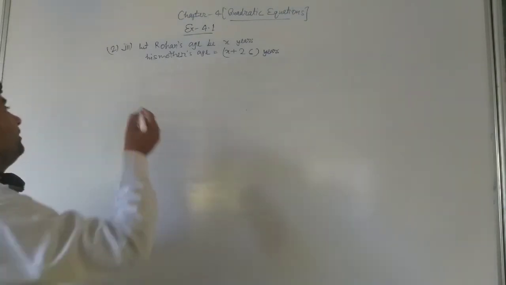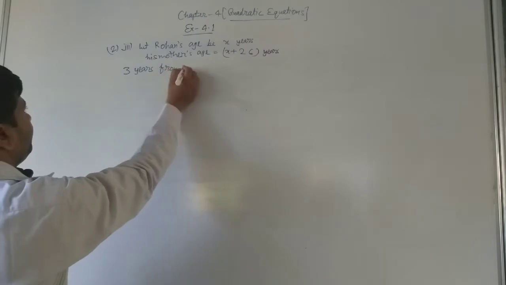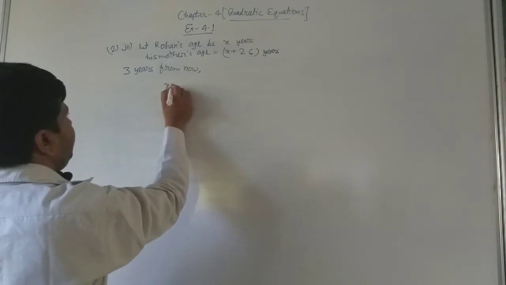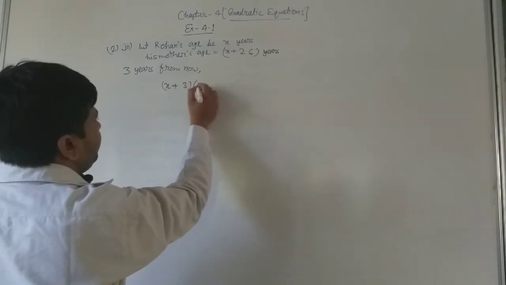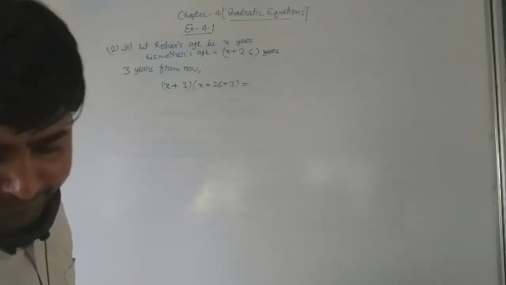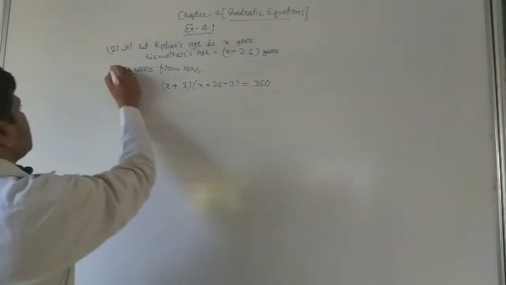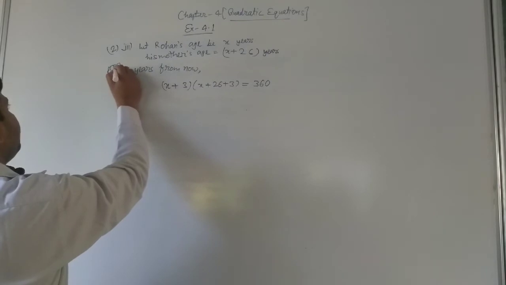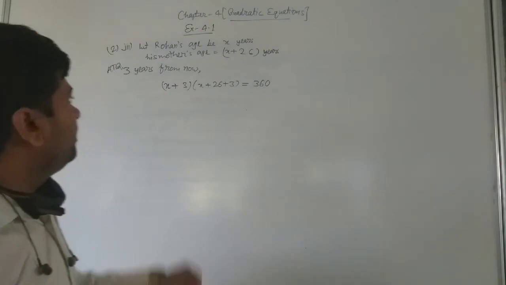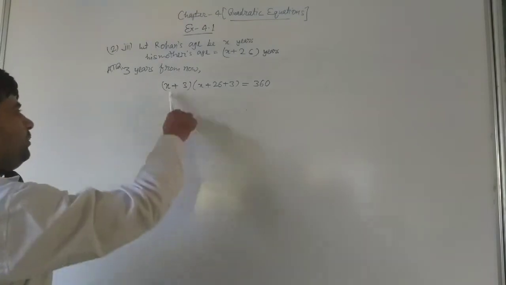So after 3 years, Rohan's age will be x plus 3, and his mother's age will be x plus 26 plus 3, and the product of both is given as 360. It is given, so you can write it according to the question.